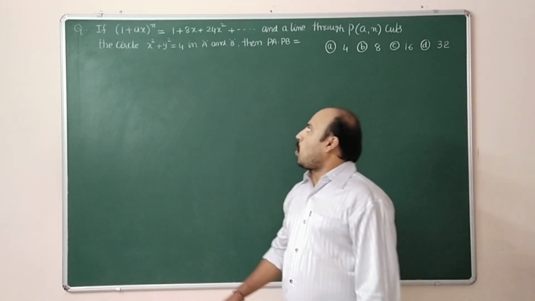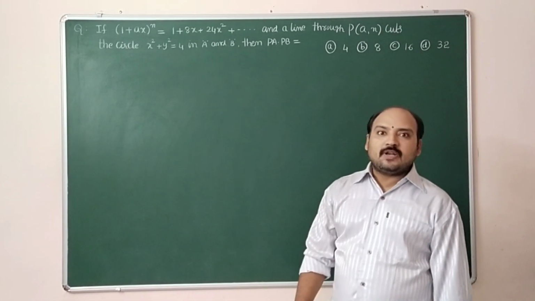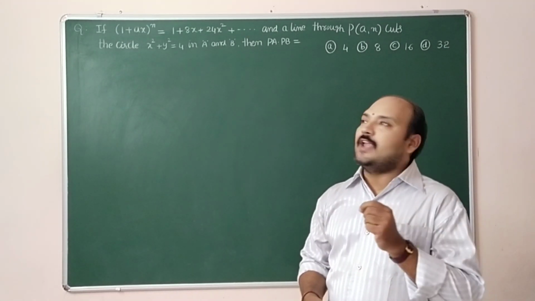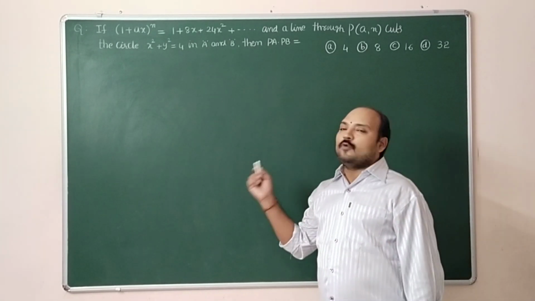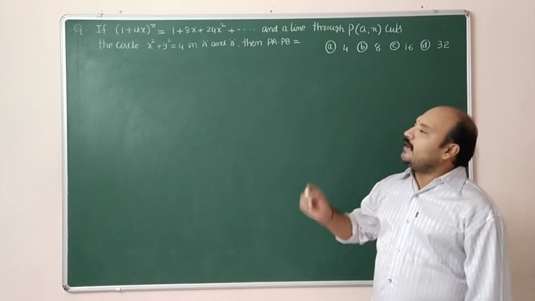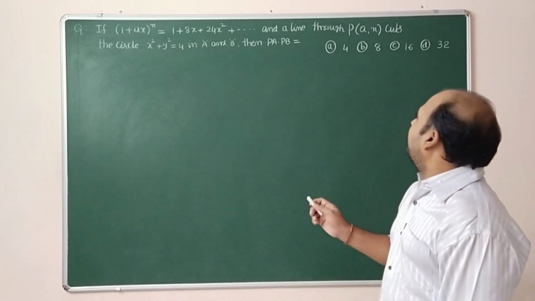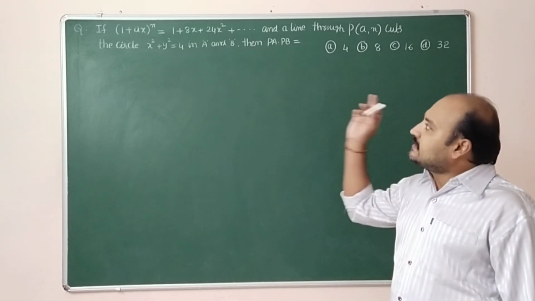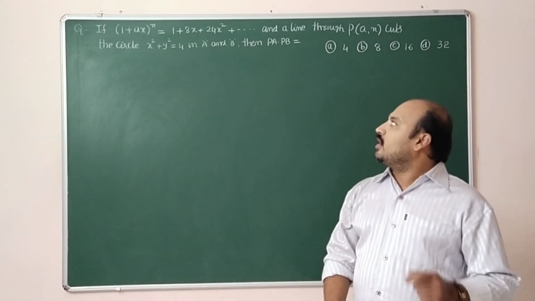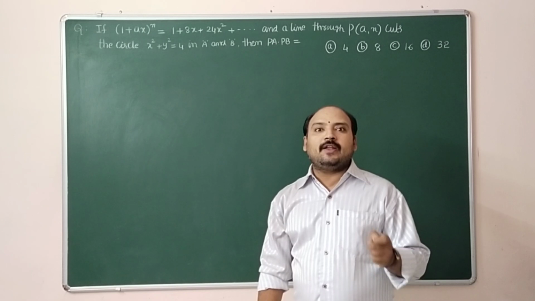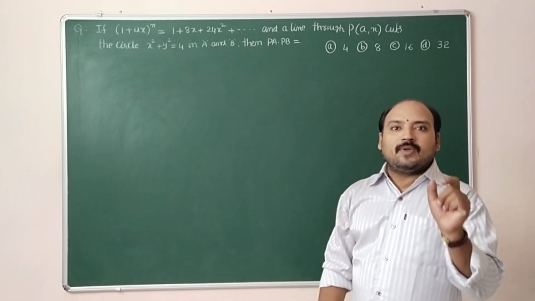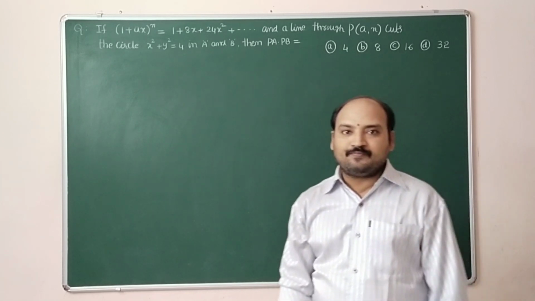The next question. If (1 plus ax) whole power n equals 1 plus 8x plus 24x square plus and so on, and a line through the point P of a comma n cuts the circle x square plus y square equal to 4 in A and B, then the value of PA into PB.